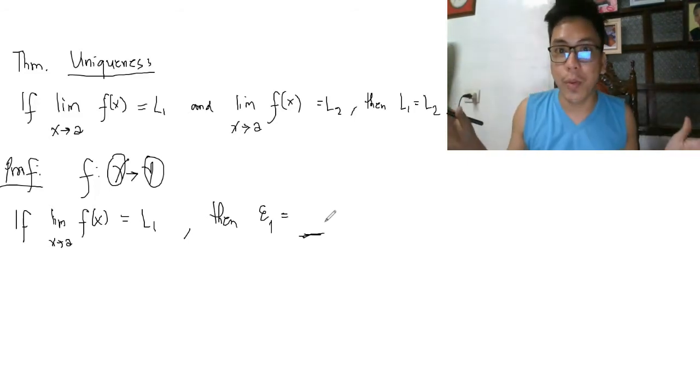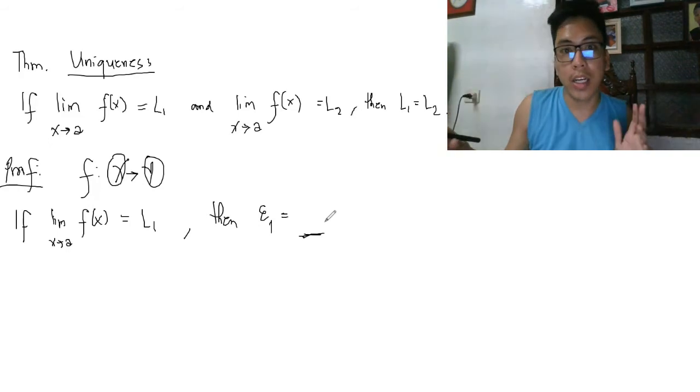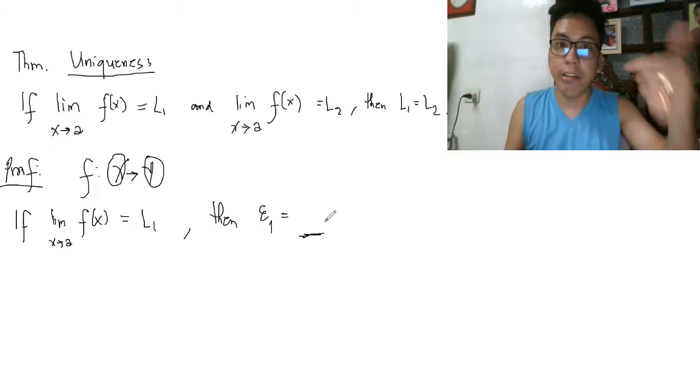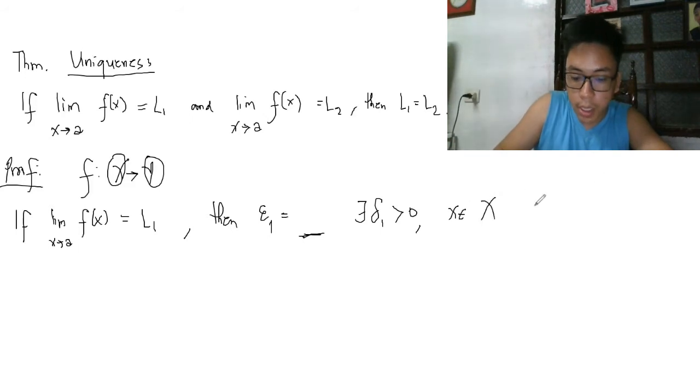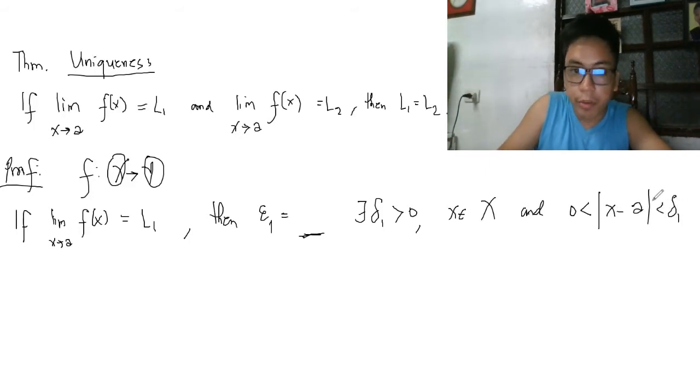That's technically the technique on proving the limit of a function. For some delta 1 greater than 0, you would have x coming from your domain, and of course you'd get this inequality. This is based on the formal definition of the limit of a function.